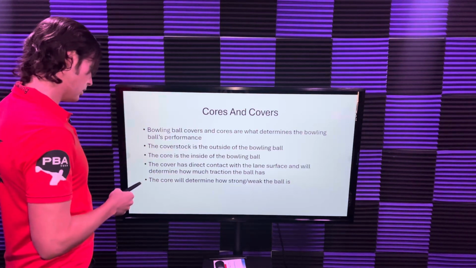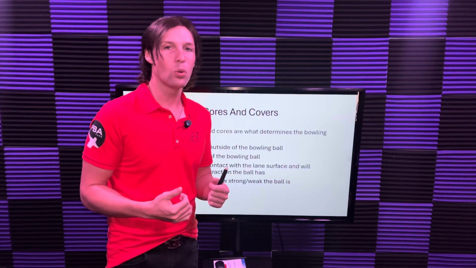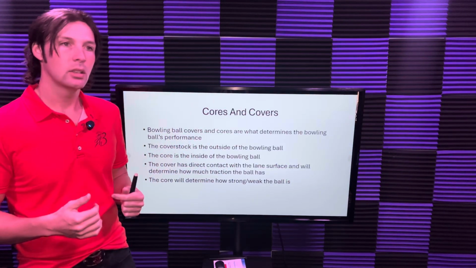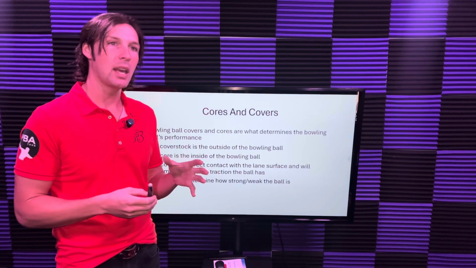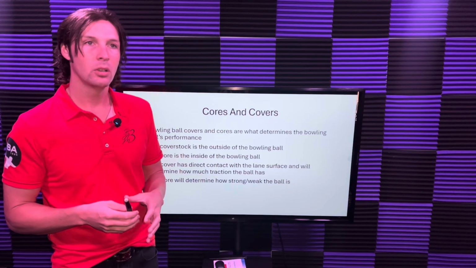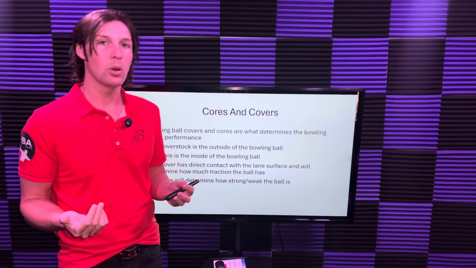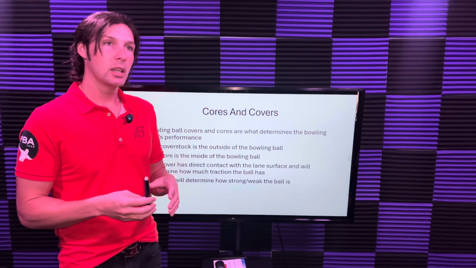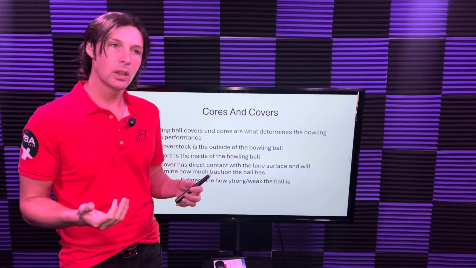Right, last point: the core will determine how strong or weak the ball is. The core is what is inside the ball. Depending on whether you have an asymmetric bowling ball or a symmetric bowling ball will depend on how strong that bowling ball is. In reactive bowling balls, you always have a core.